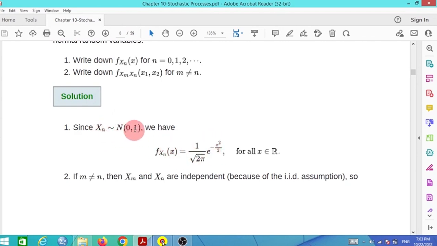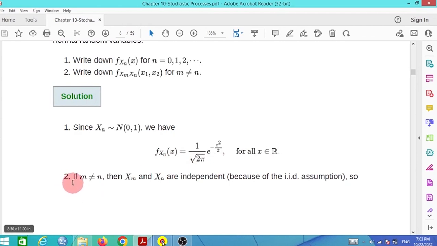For X_n normal standard, this is the probability density function at time n for random variable X_n for each n.